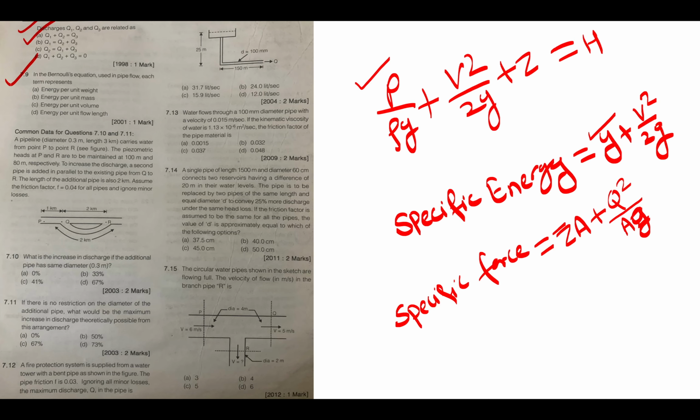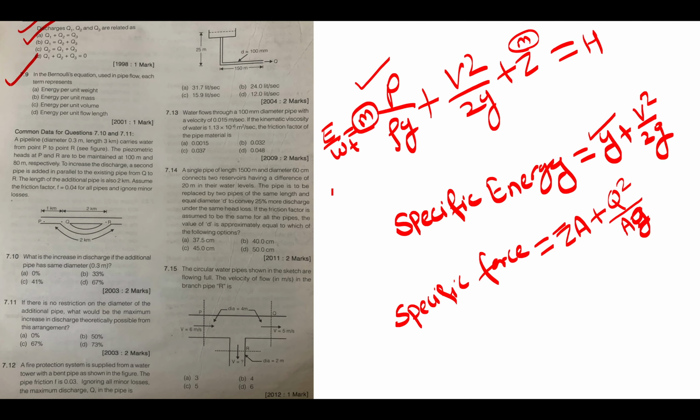So the answer to this question is that Bernoulli's equation represents the energy per unit weight. The unit of this equation is meter, since it is energy per unit weight. How?